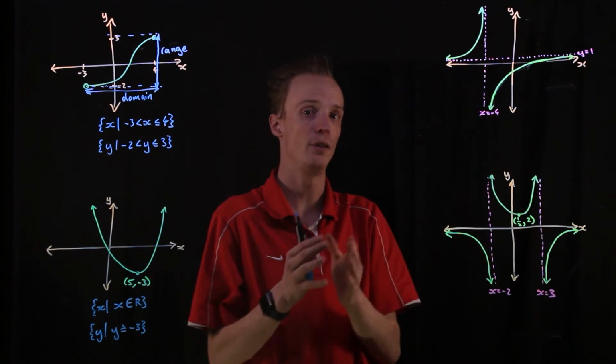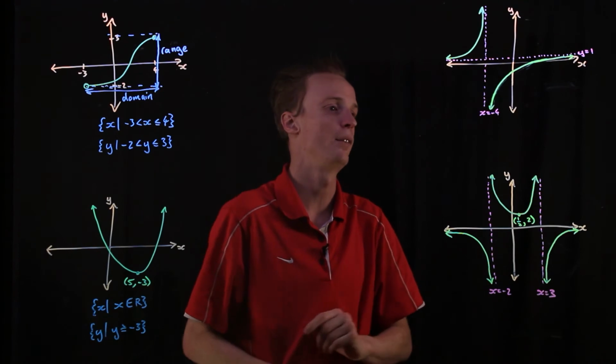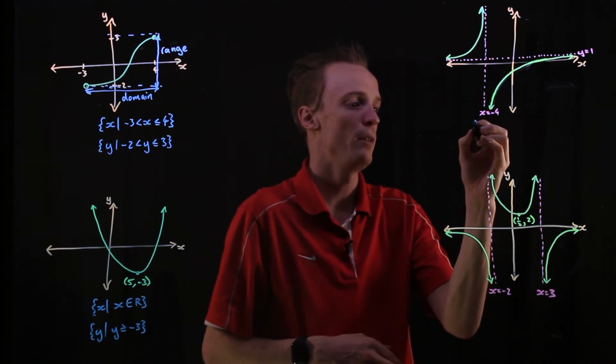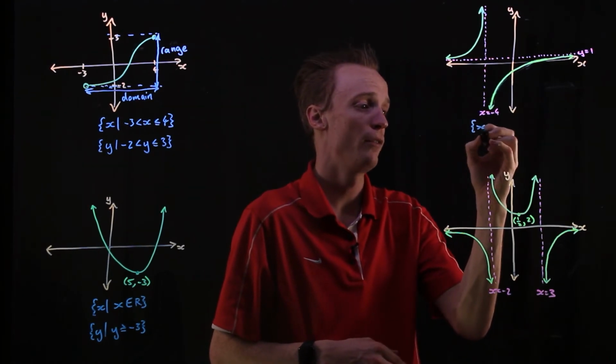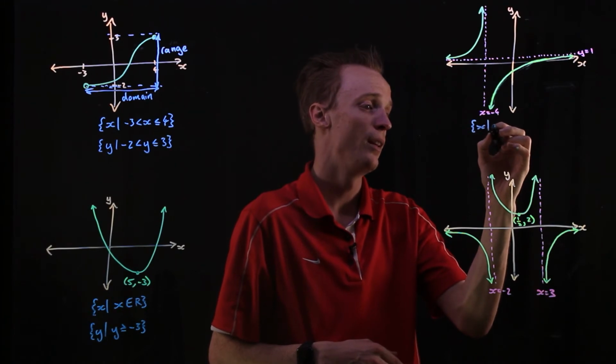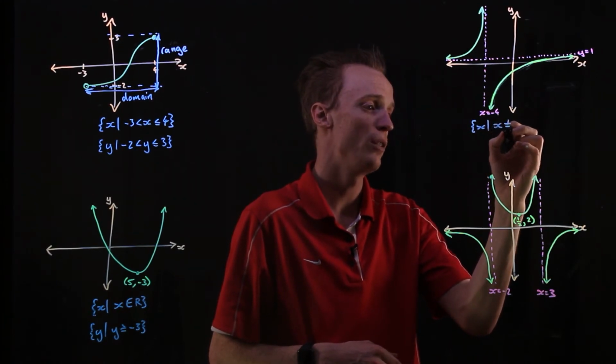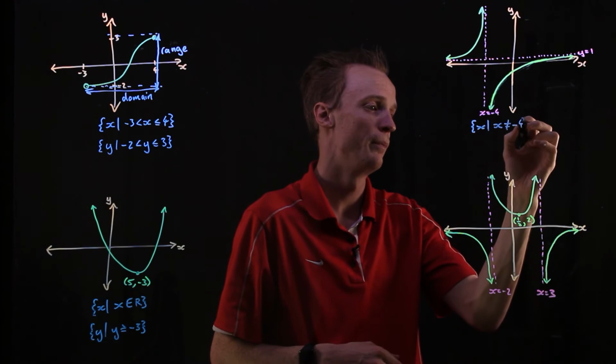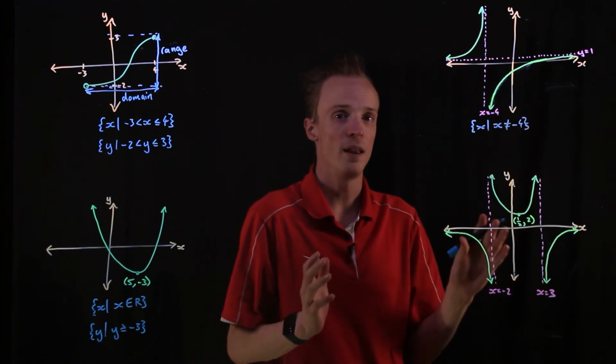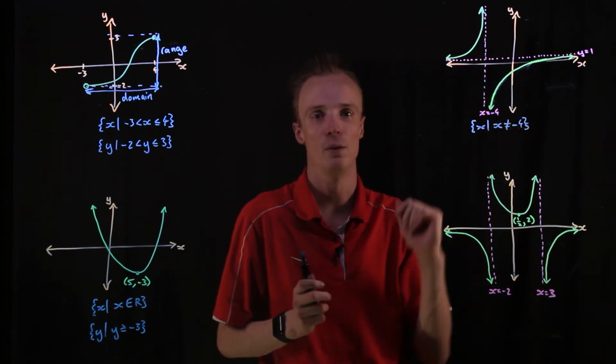It can be really close to x is -4, but it can't be x is -4. So when we mention the domain of this graph, what we say is that our x cannot equal -4. It can be any other value, just not -4.